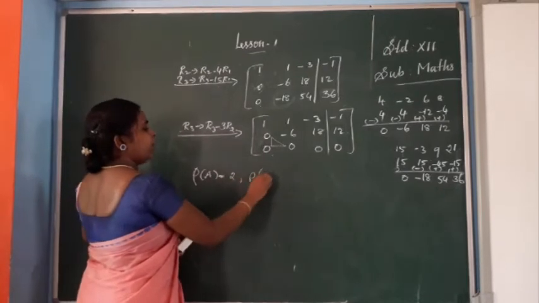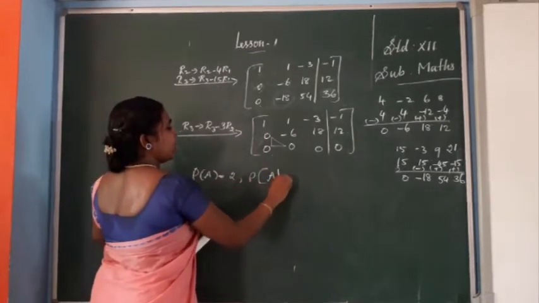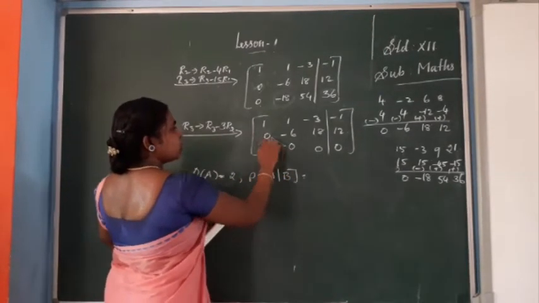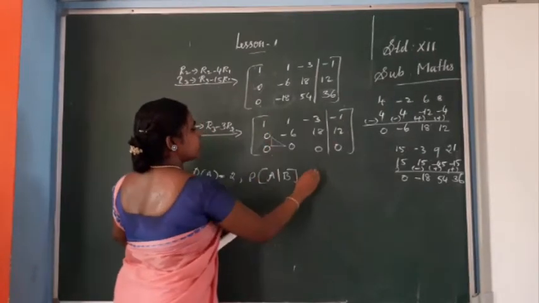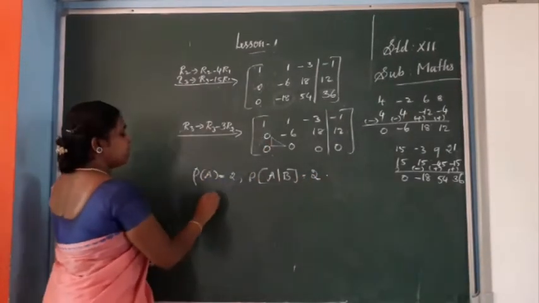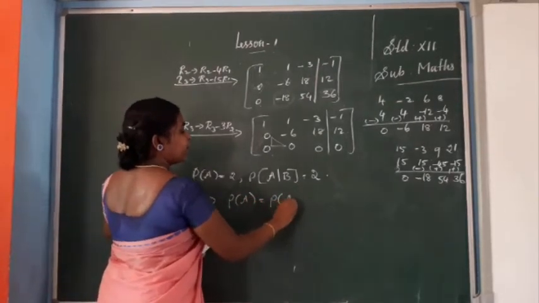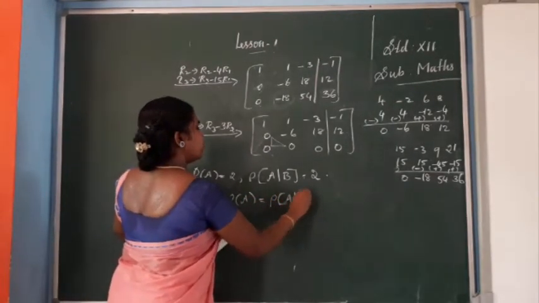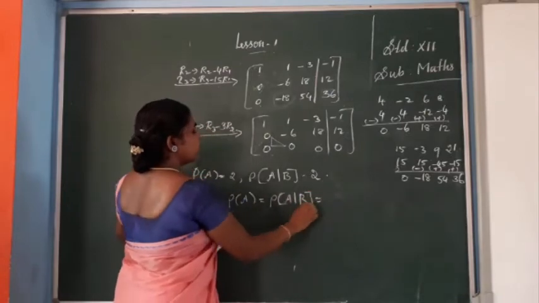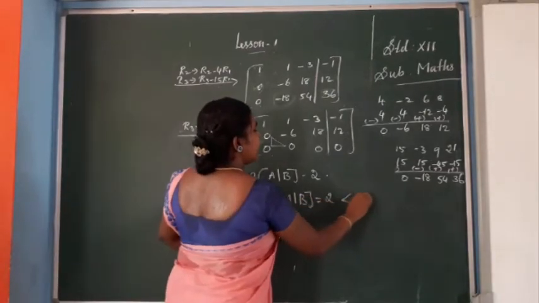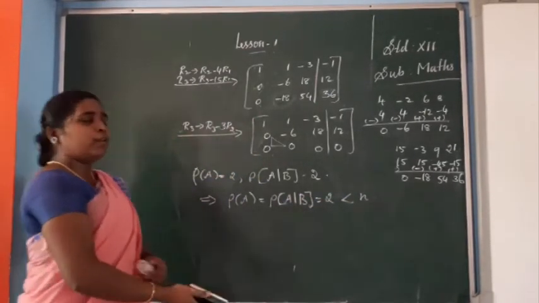Then rank of AB. So here also 2 only, isn't it? So rank of A equal to rank of AB equal to 2, which is less than the number of unknowns, because the number of unknowns is 3, isn't it?